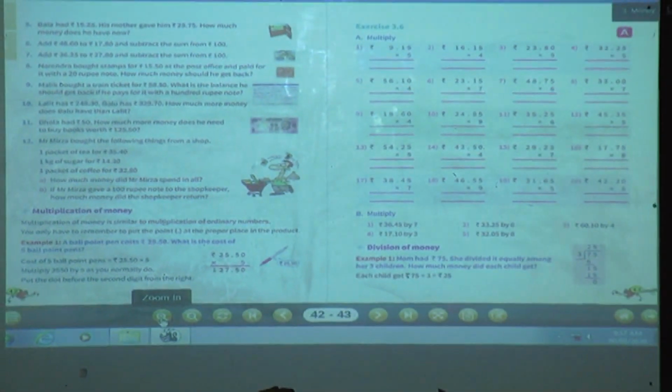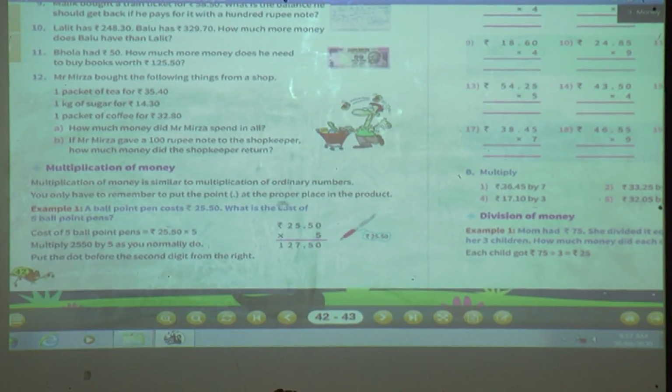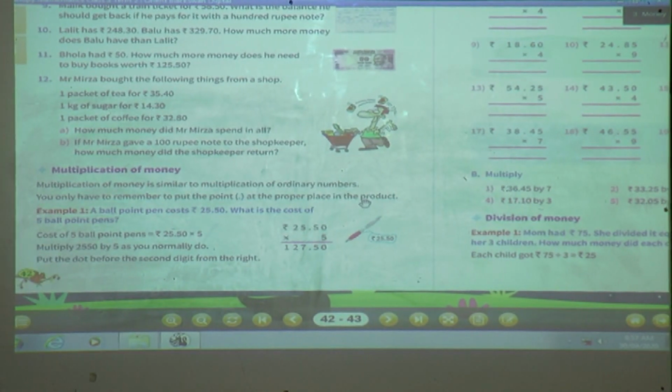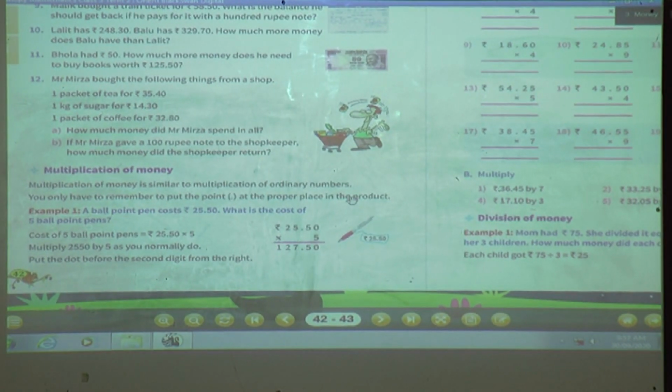Multiplication of money is similar to multiplication of ordinary numbers. In the same way that we have done the multiplication of ordinary numbers, we have to do the multiplication of money. You only have to remember to put the point or dot at the proper place in the product.